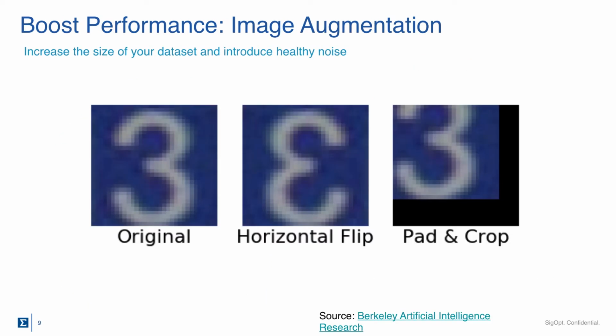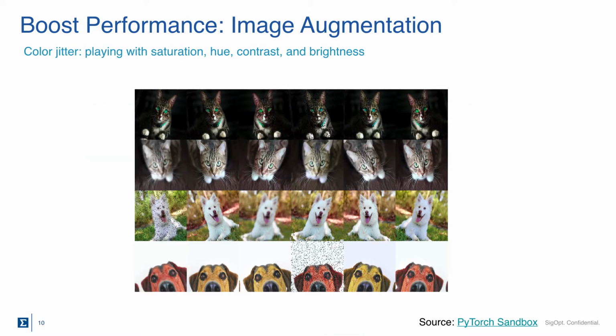For image augmentation, we're going to do some classic techniques such as horizontal flip, padding, and cropping to introduce healthy noise and increase the size of our data set. But most importantly, we're going to be playing with color jitter, specifically saturation, hue, contrast, and brightness, to see how changing these can positively affect our model's performance.